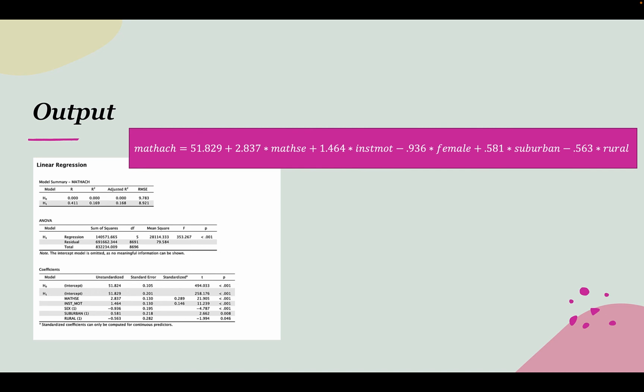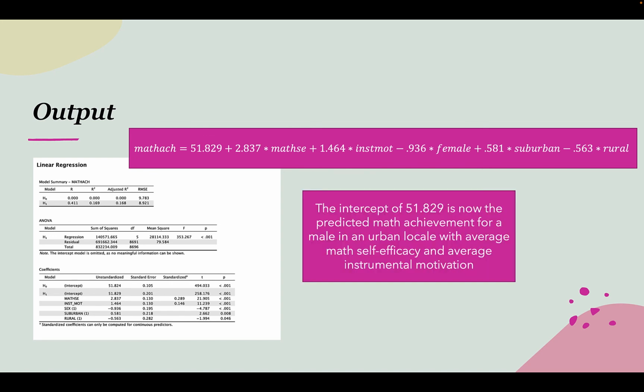Now we have math achievement is equal to our intercept of 51.829 plus 2.837 times math self-efficacy plus 1.464 times instrumental motivation minus 0.936 times female plus 5.81 times suburban minus 5.63 times rural. Okay, so that is our line written out, but what is all of this saying?